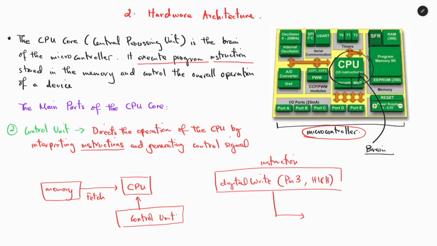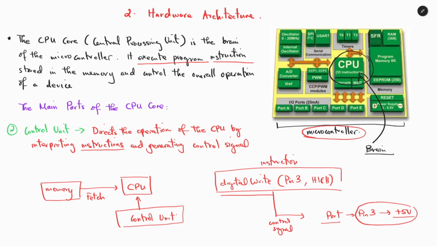Therefore, it will send a signal to a particular port, having what is called pin 3. And this control signal is responsible for making this pin 3 have a positive 5 volts. That means upon this instruction, this control signal will enable the port to pass positive 5 volts as an output, because we are writing a signal to the output pin.